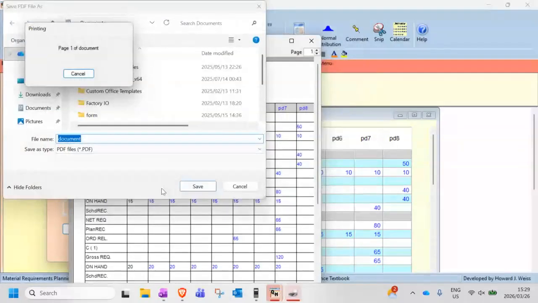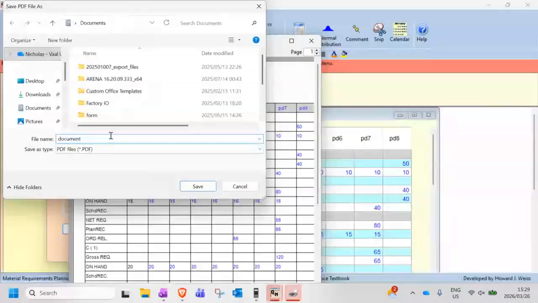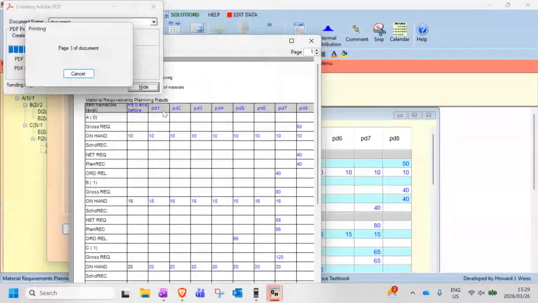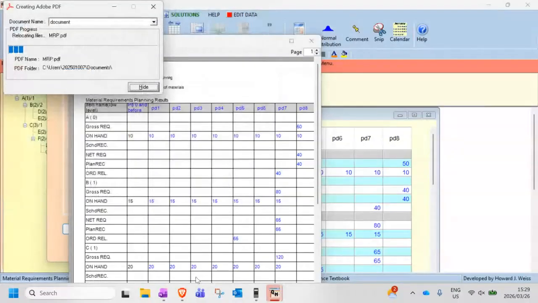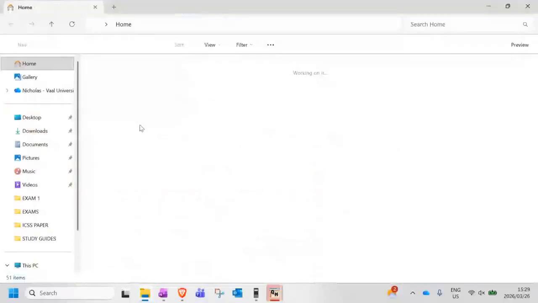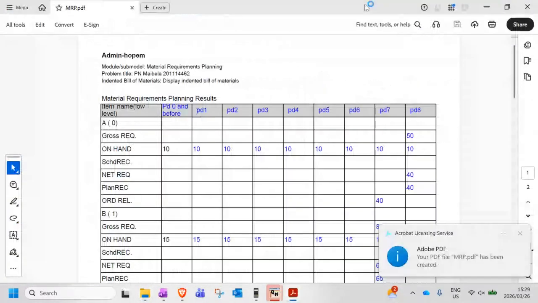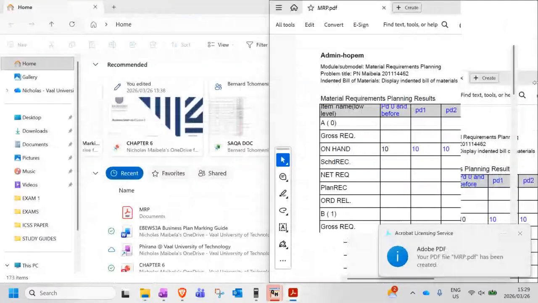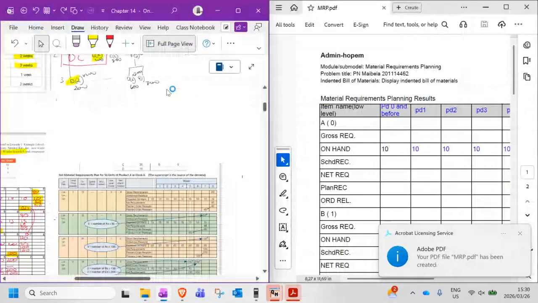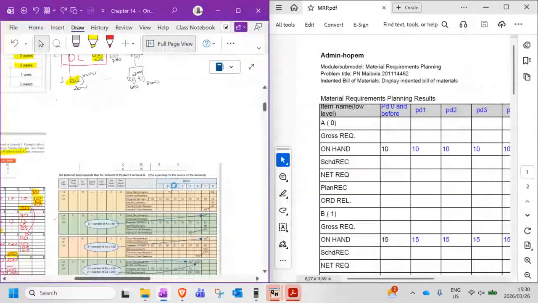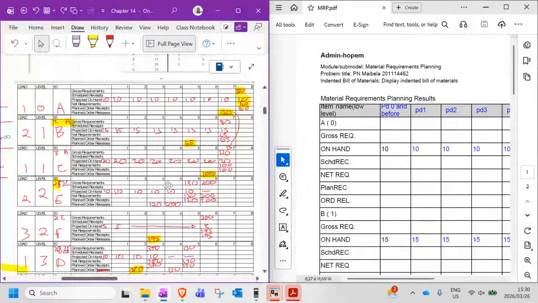Then the document is going to be that MRP. I didn't check where my documents are. Okay. There's my document. And then side by side. So now, what do we have here?